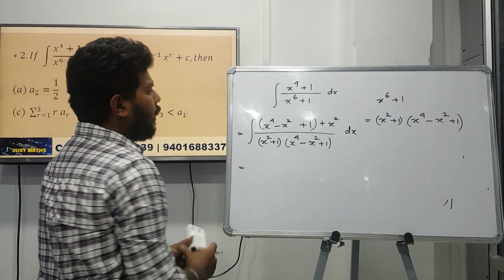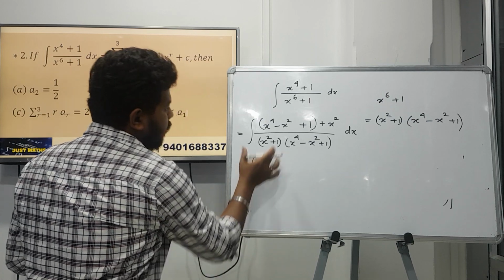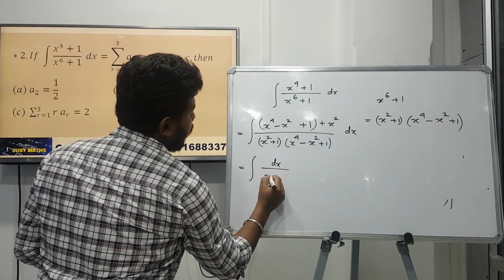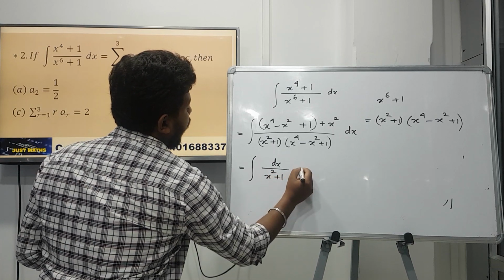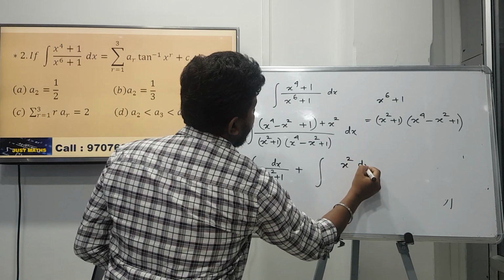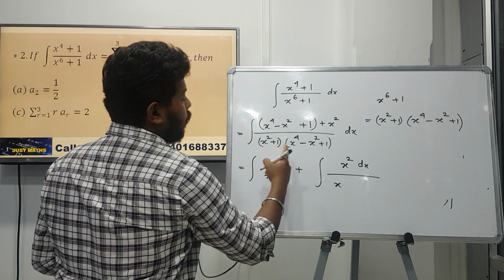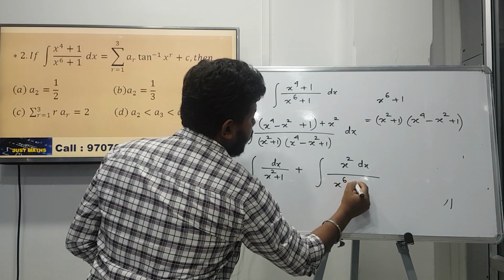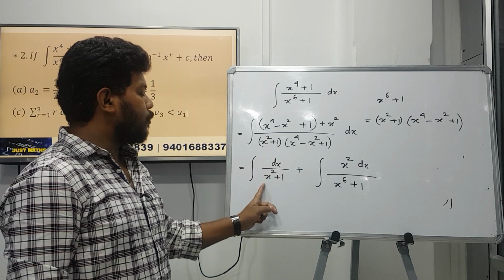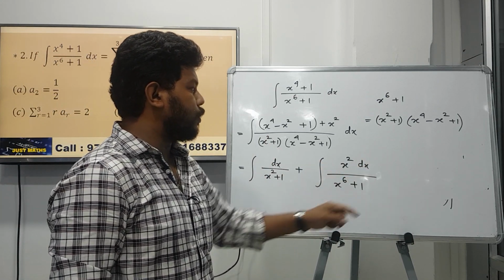Now, if I break the integral into two different integrals, I will get dx by (x^2 + 1) and x^2 dx by (x^6 + 1). You multiply them, you will get x^6 + 1.